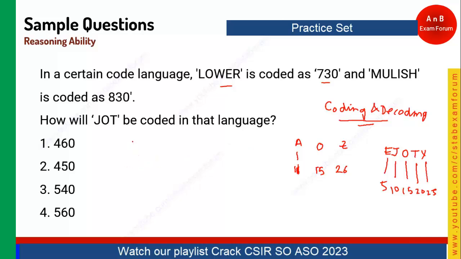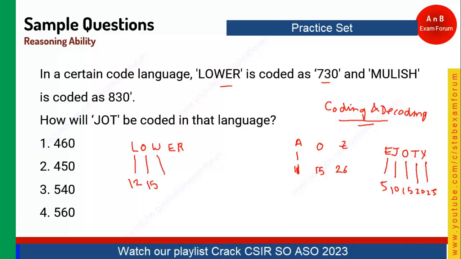The first coded word is LOWER. Let's draw the dependency between this and positional dependency. L is what? You know J is 10. J, K, L. So if you add 2, you will have the position of L, which is 12. And O, as you can see directly with the EJOT principle, is 15.